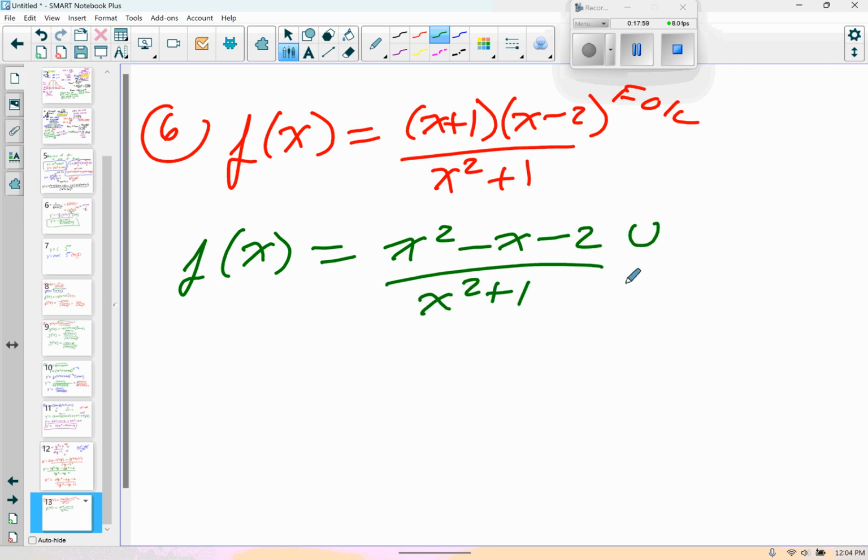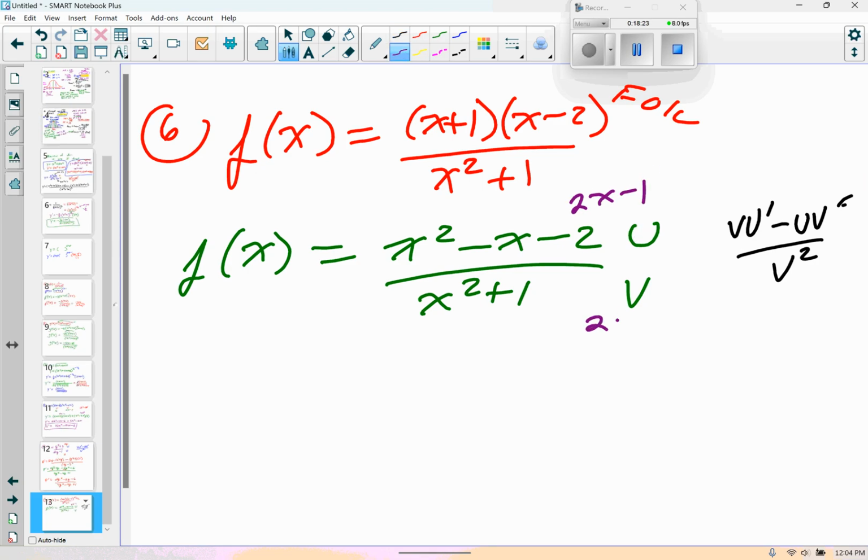I have u on top. I have v on bottom. My derivative is going to be, God, why can't I remember this? VU prime minus UV prime over V squared. All right, so the derivative of the top is going to be 2x minus 1.